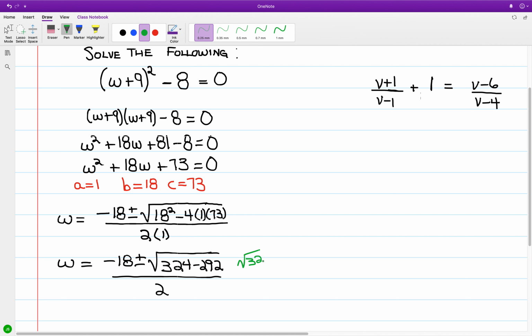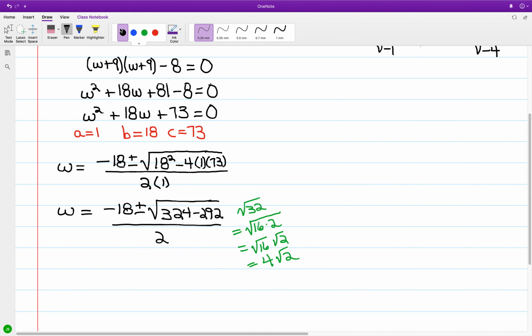For the square root of 32, the highest perfect square divisible into 32 is 16, so we have the square root of 16 times the square root of 2, which is 4 times the square root of 2.